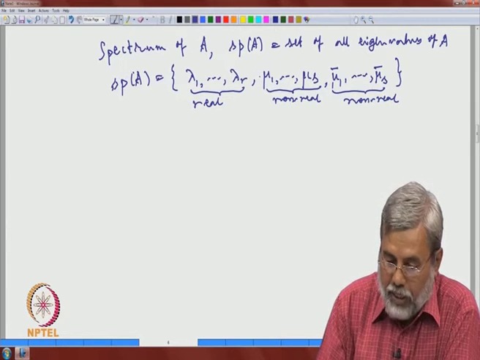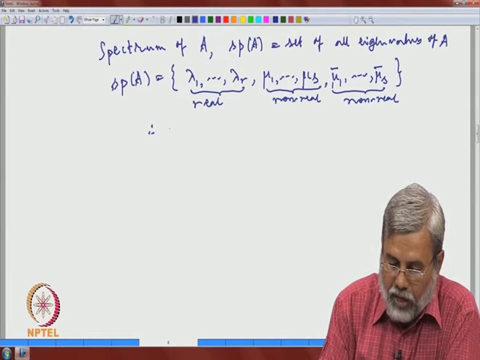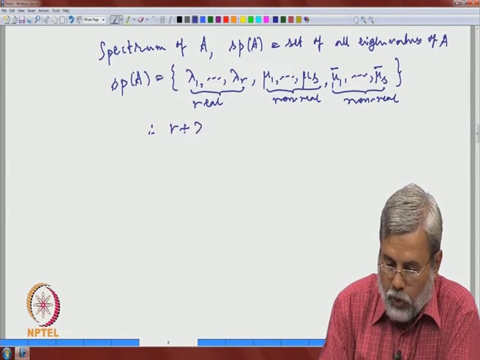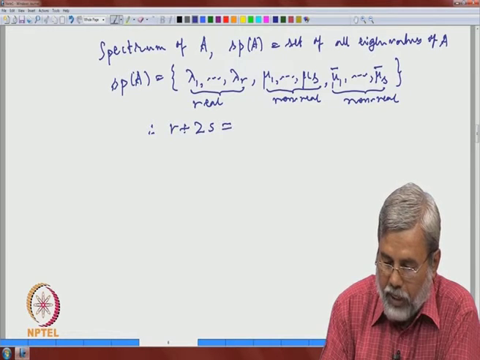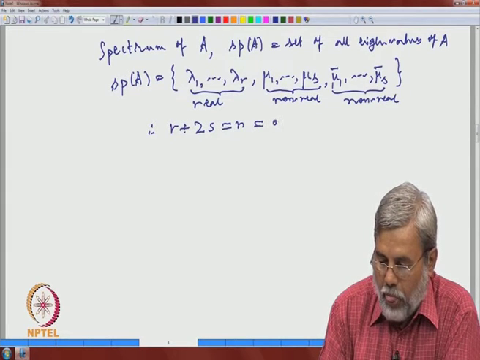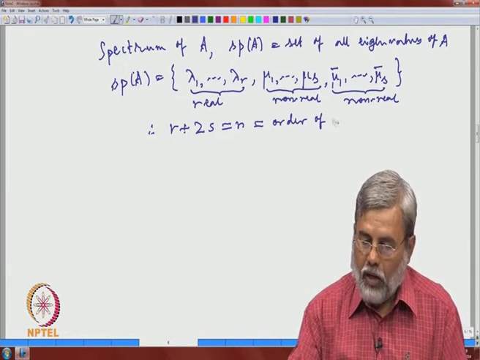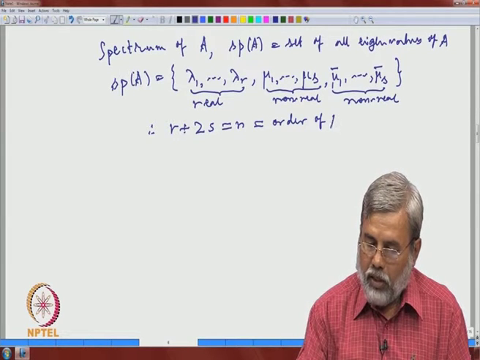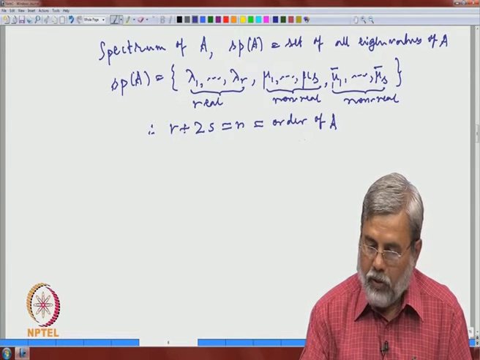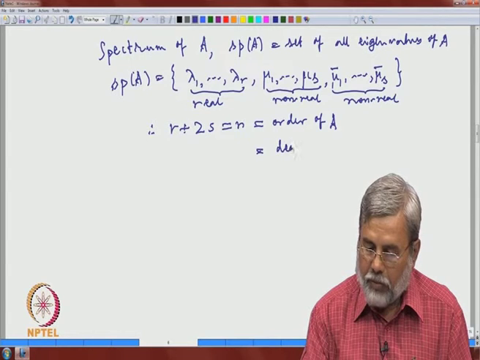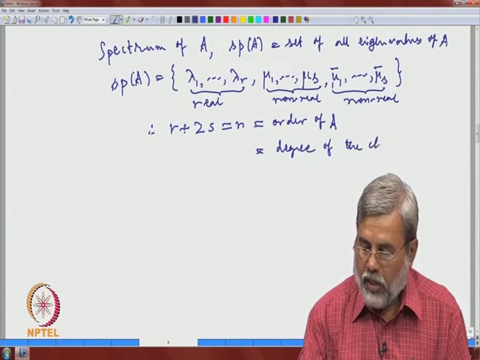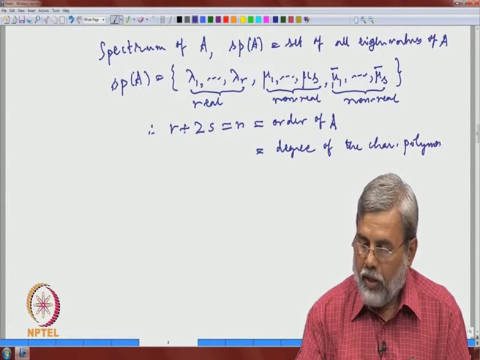Because we are counting multiplicity, the total number satisfies r plus 2s equals n. This is the order of A, and this is also the degree of the characteristic polynomial.